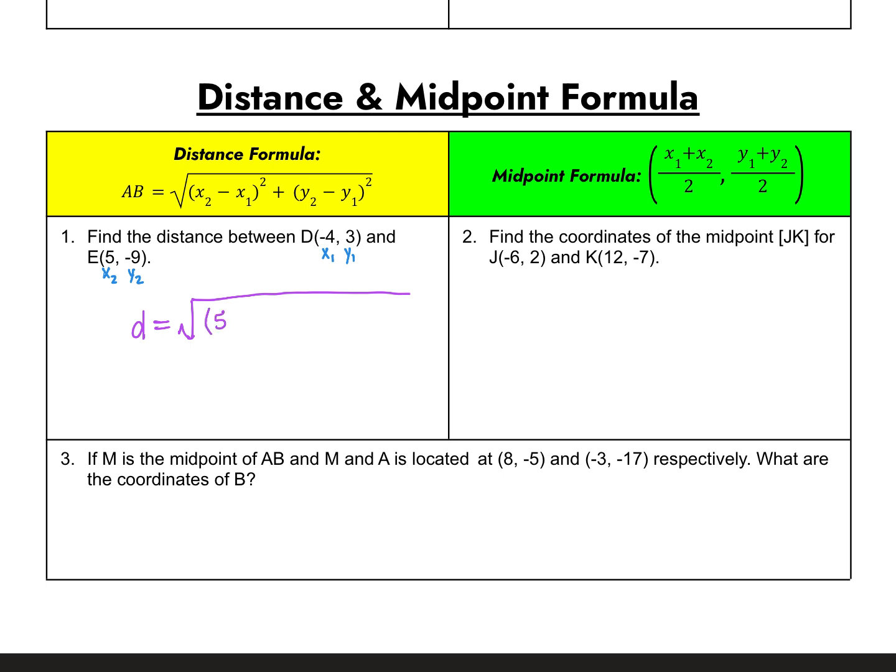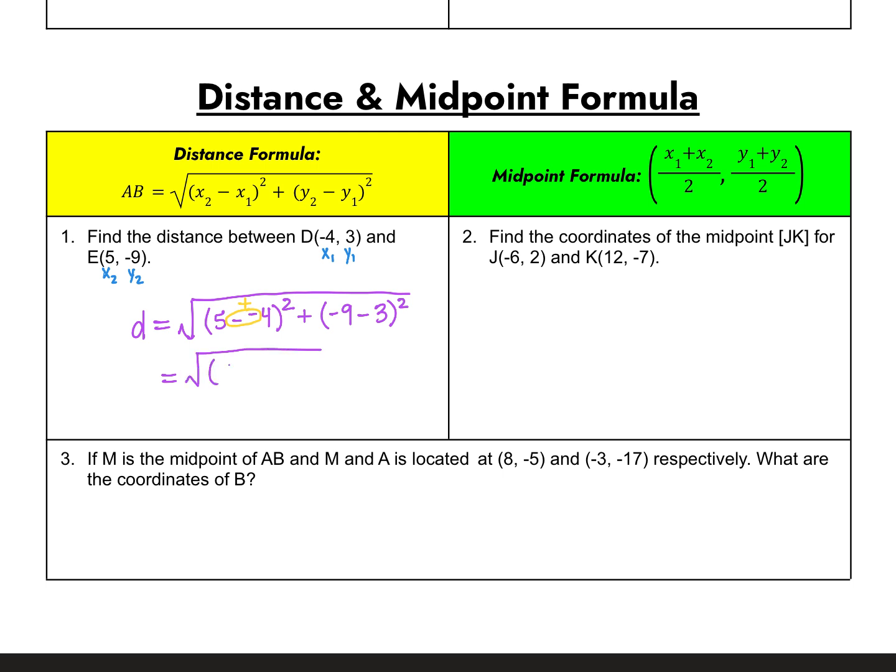So the distance is going to be equal to the square root of X2, which is 5, subtract X1, which is -4, squared, plus Y2, which is -9, minus Y1, which is 3, squared. When we do it, we already know that two negatives make a positive here. So when we simplify, this is just like saying 5 plus 4, which is 9.